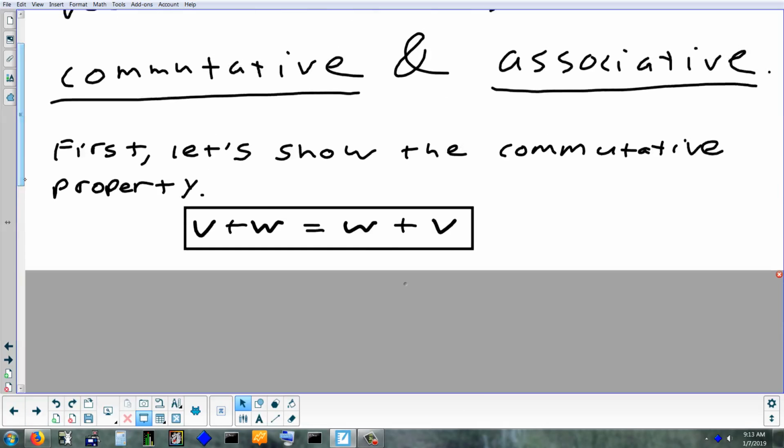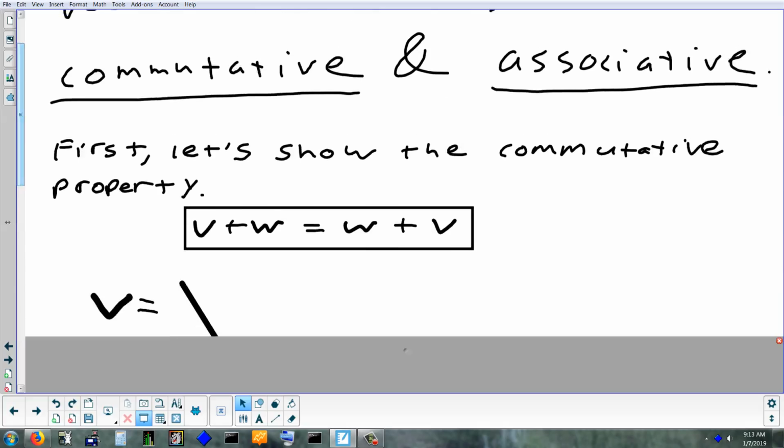Now, you might be thinking, well, isn't addition always commutative? You can't just assume that. It's commutative with numbers, yes. But now we're doing vectors. We can't assume that everything we know with numbers automatically works with vectors. Some of it does, some of it doesn't. So this is something that does.